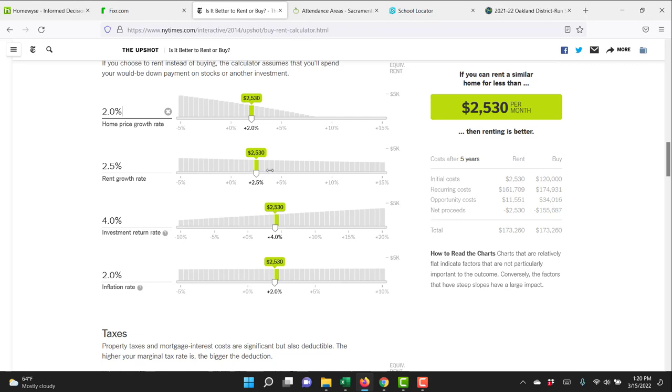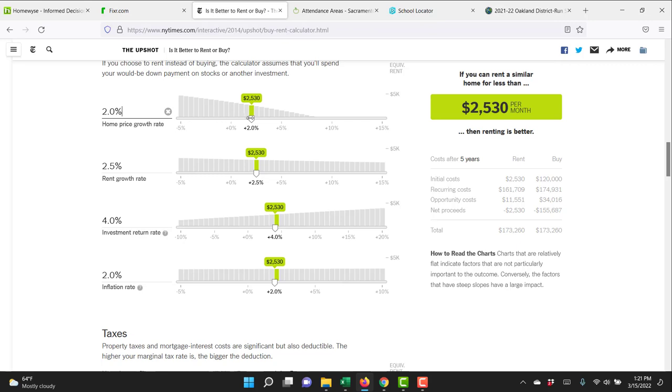Rent growth rate. And so you see here it's downward sloping because, again, if the rents are growing more quickly, then clearly it's going to be better to buy a house. But you can see it's much flatter than the home price appreciation. And that's because the home price growth is going to affect the return on your investment. And you're only putting 20% down.